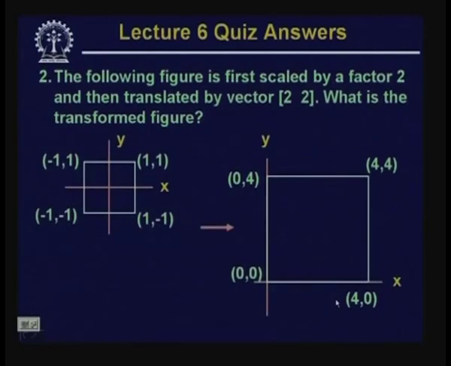The second question that we asked was, for this square figure whose vertices are at locations 1 1, minus 1 1, minus 1 minus 1 and 1 minus 1, if this figure is first scaled by factor 2 and then translated by 2 2, then what is the transformed figure? In this case, the transformed figure will again be a square whose coordinates after both these transformations will lie at 0 0, 4 0, 4 4 and 0 4.